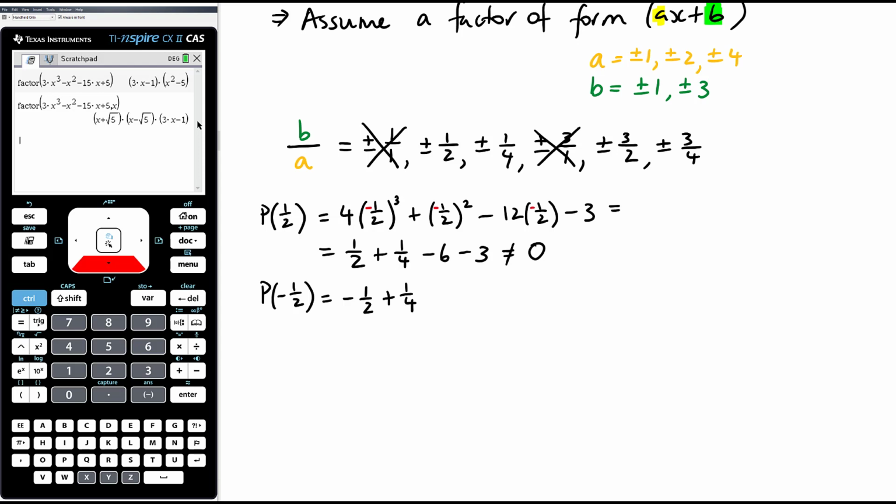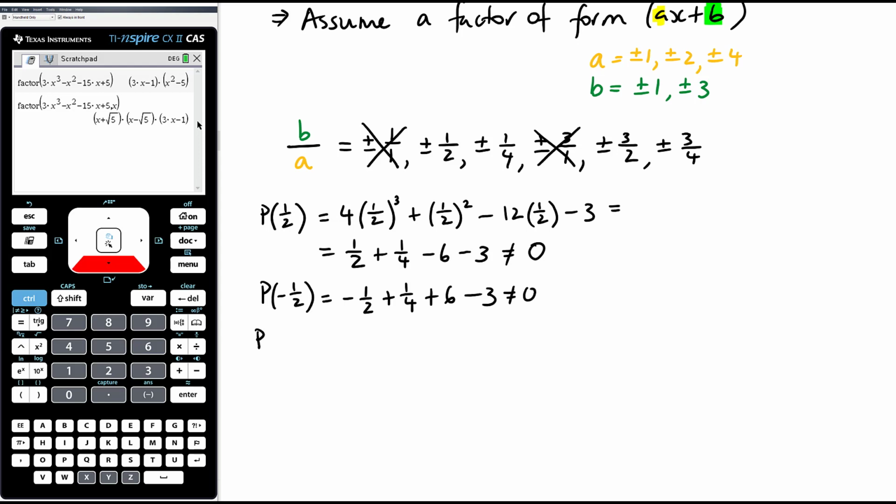I'm keeping that second term. Now we've got negative times a negative, so this is plus 6, and then we've got minus 3. Okay, let me just get rid of those negatives there. Sorry. Okay, so again, I'm thinking I've got negative 3.5 and positive 6 1/4, so they don't give 0.